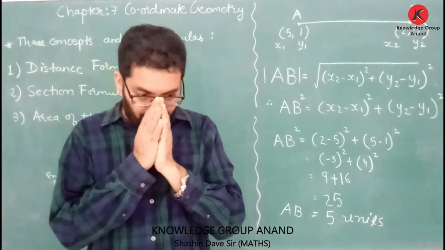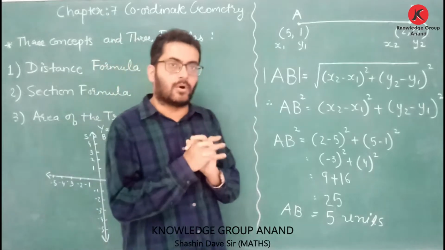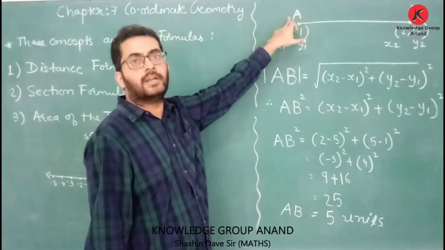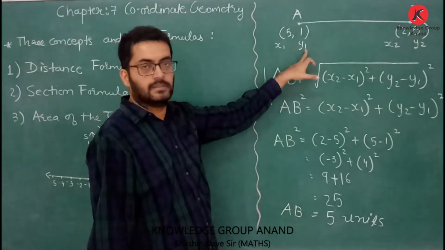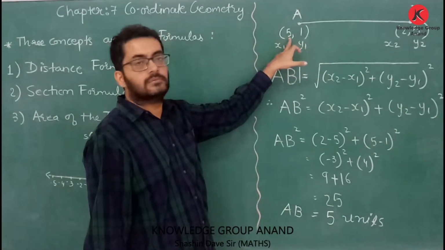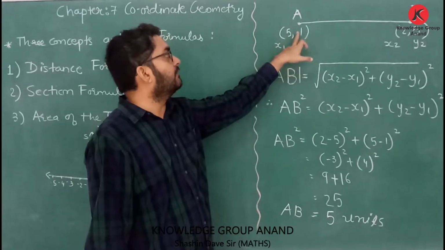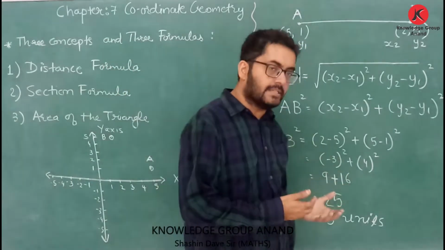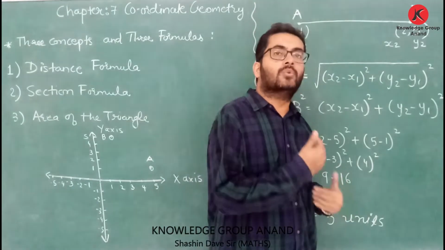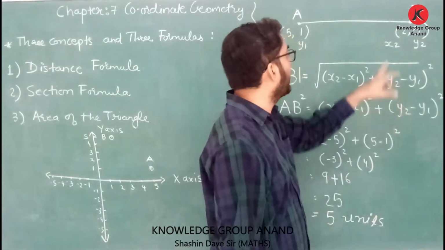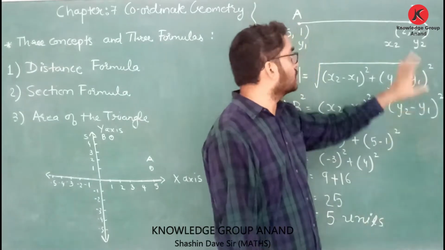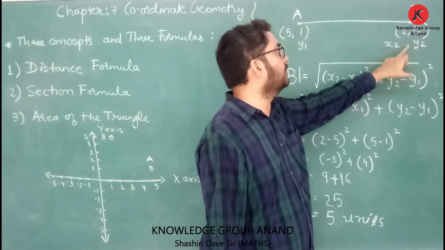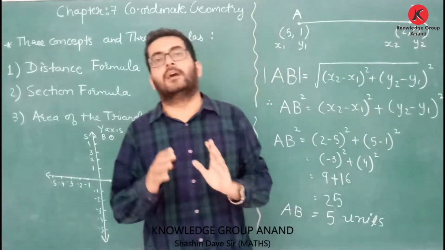So whenever you want to find distance between 2 points in a coordinate axis, तो जो फर्स्ट पॉइंट है उसके कोऑर्डिनेट्स बन जाएंगे x1 and y1. So 5 is x1 and 1 is y1. सिमिलरली जो सेकंड पॉइंट है, उसके x and y कोऑर्डिनेट्स will become x2 and y2. So in this particular case, the value of x2 is 2 and the value of y2 is 5.